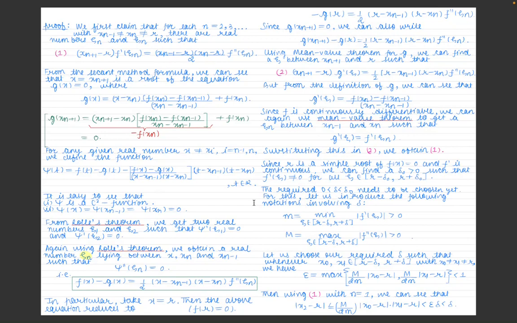So we can also write g of xn plus 1 minus g of r to be the same as half (r minus xn minus 1) times (r minus xn) times f double dash of zeta n.